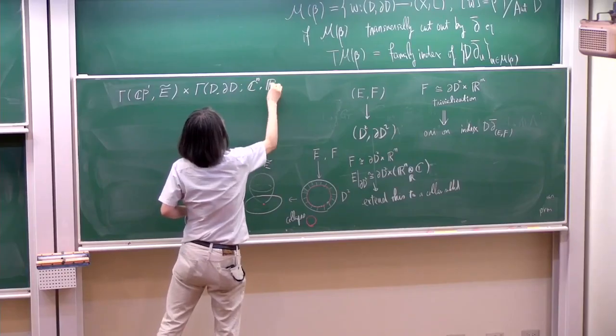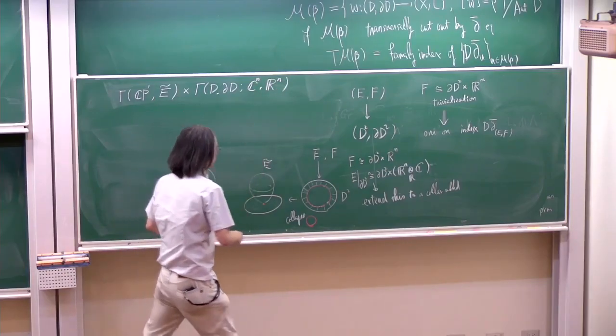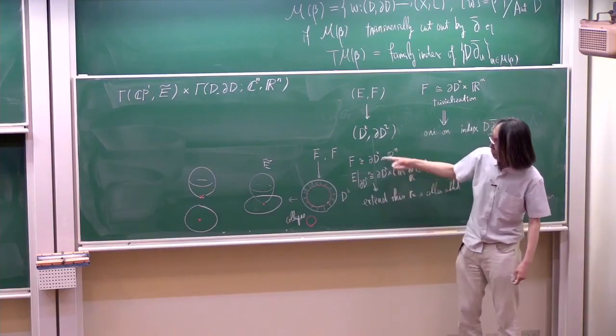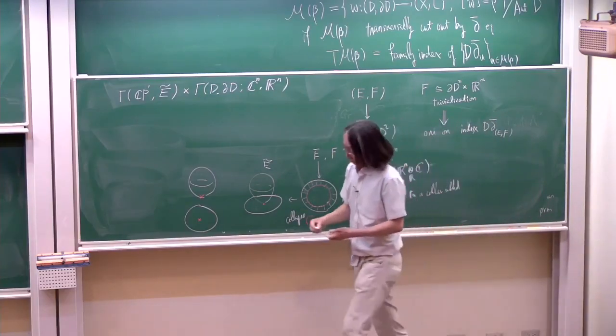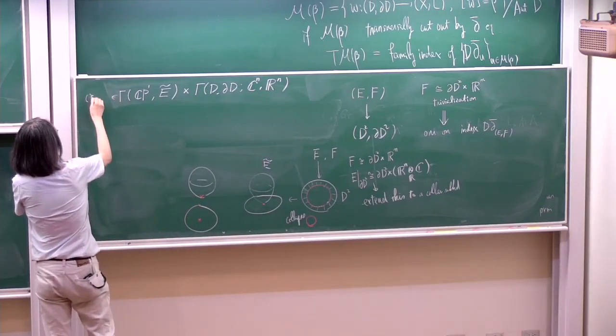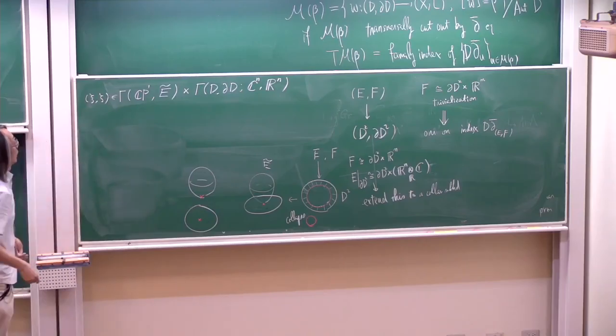It's a trivial bundle because I use trivialization to collapse this point. So everything is trivial over the collar neighborhood.